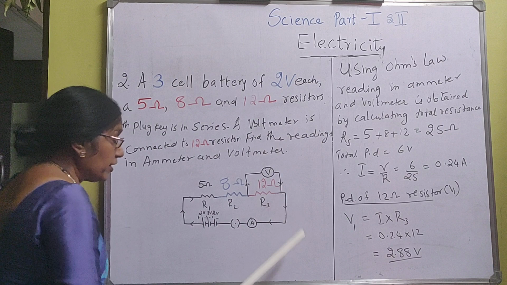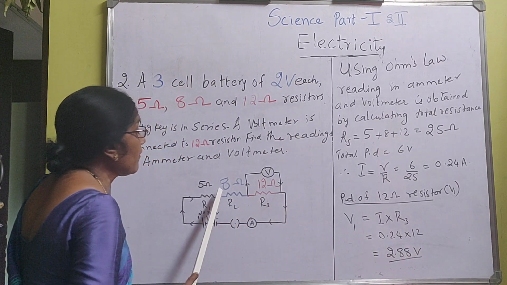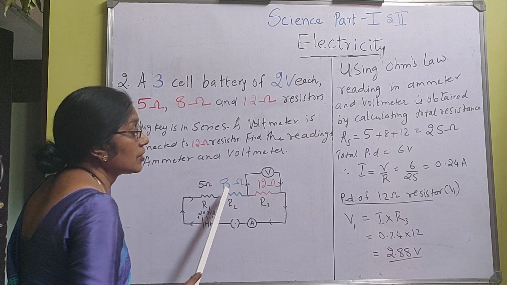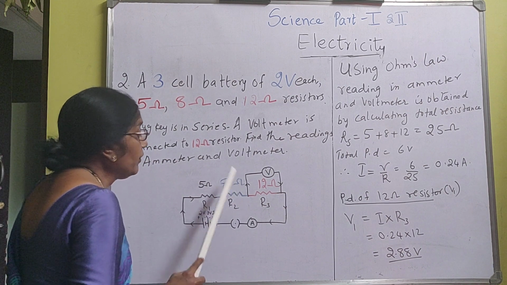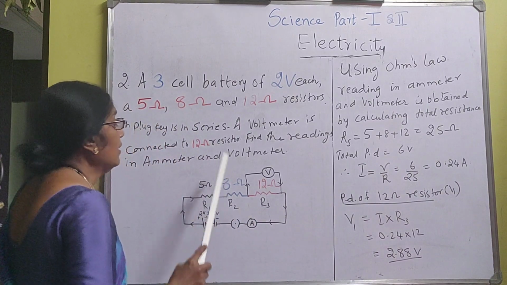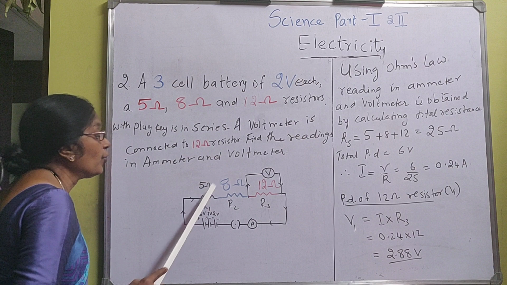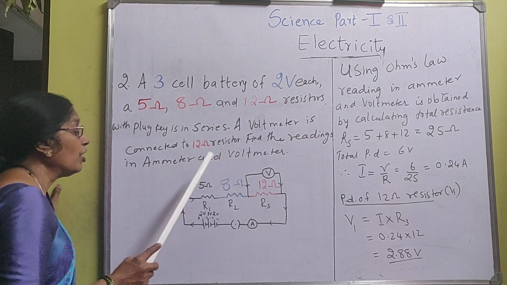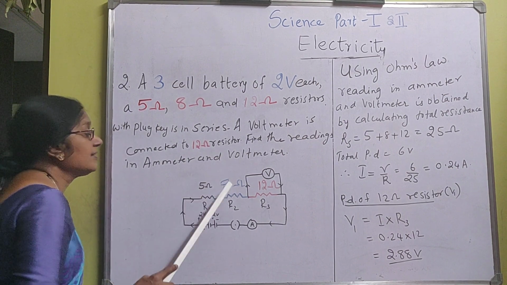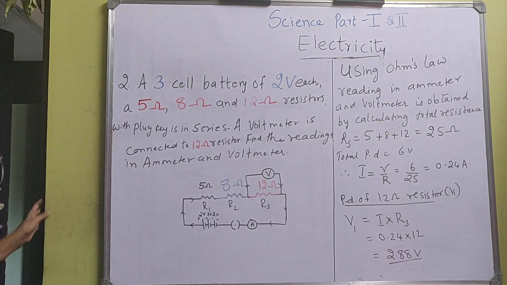So the potential difference of 12 ohm is 2.88. Similarly, we can find out for 8 ohms also. 8 into 0.24 will give you the potential difference for 8 ohms. 5 into 0.24 will give you the potential difference for 5 ohms. So each resistor's potential difference can be calculated in this way.